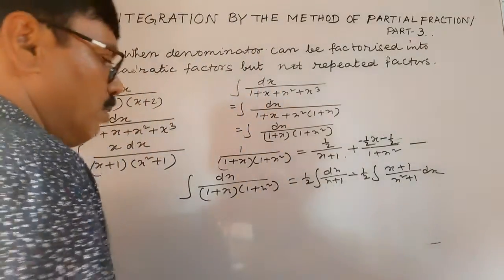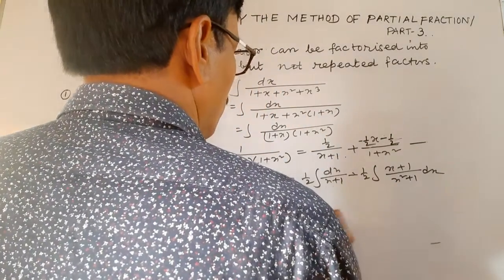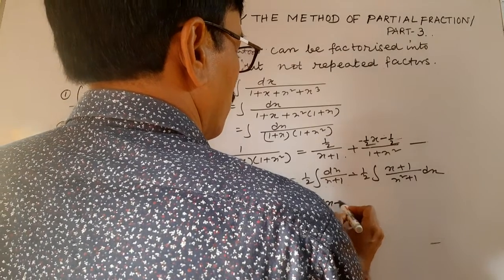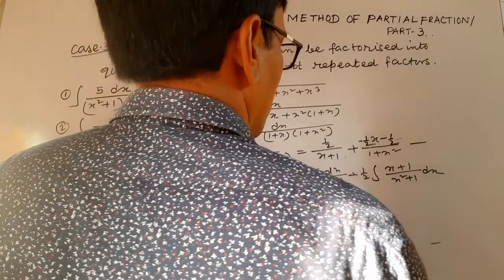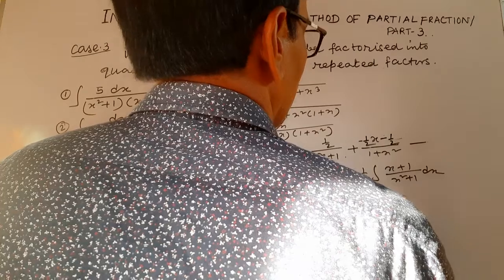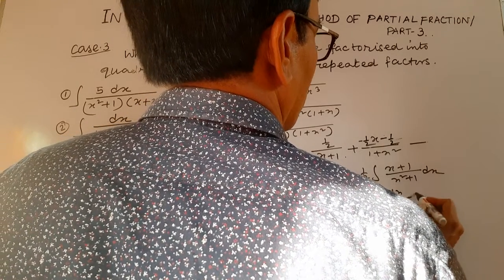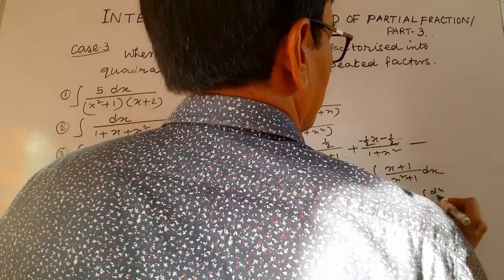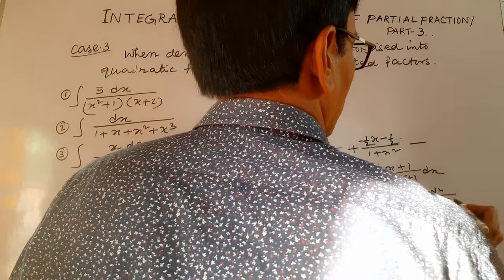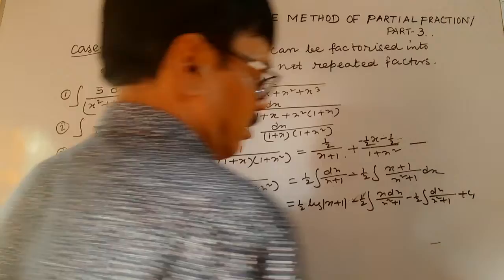Now this one is simple. This is half log mod x plus 1. This is minus half, x dx by x square plus 1, plus half dx by x square plus 1.